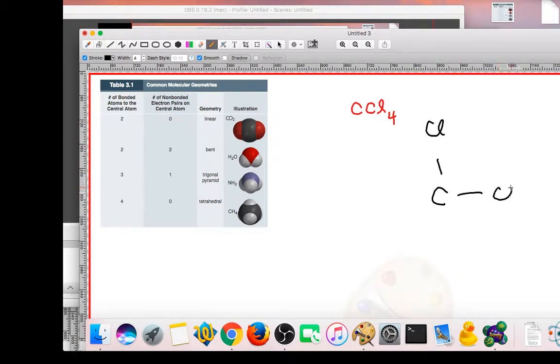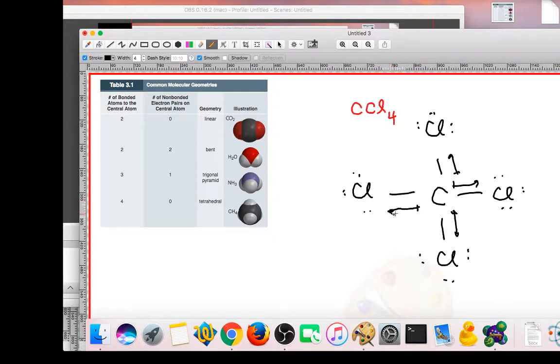Cl, Cl, Cl, Cl. You could tell already that there are four polar bonds here. This bond is polar, this bond is polar, this bond is polar, and this bond, all these bonds are polar, okay? So should the molecule be polar?